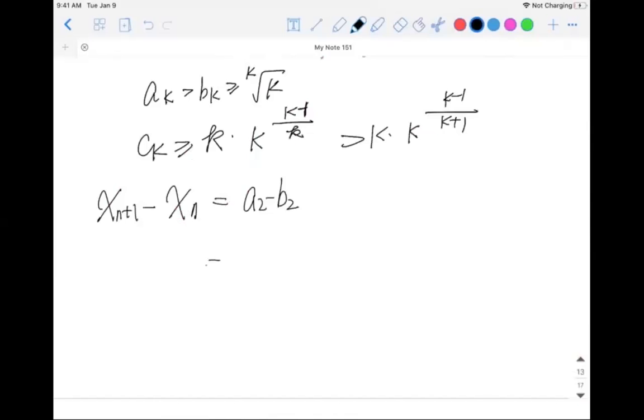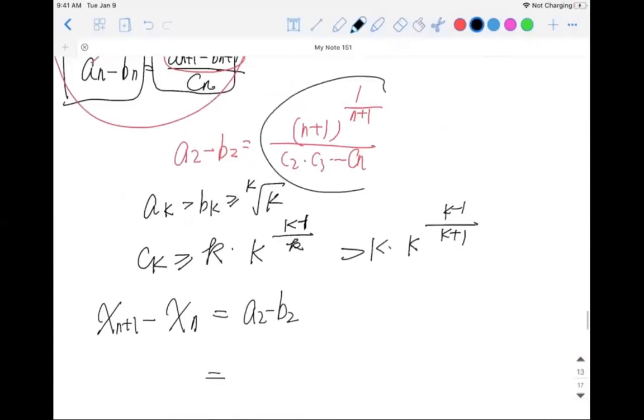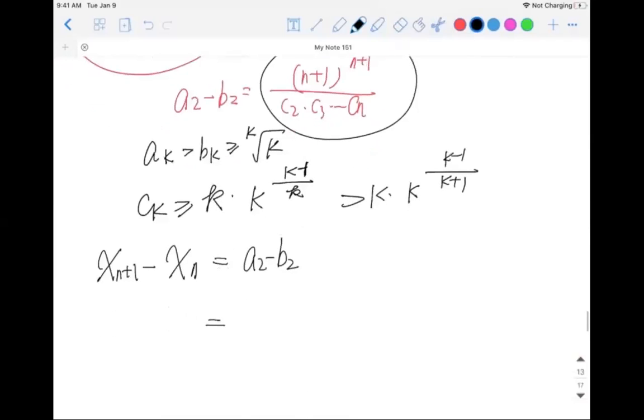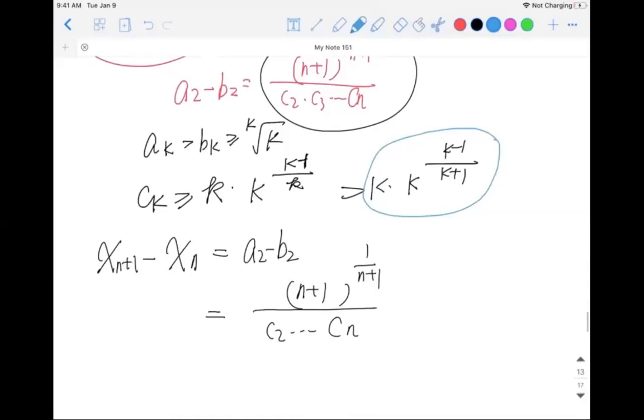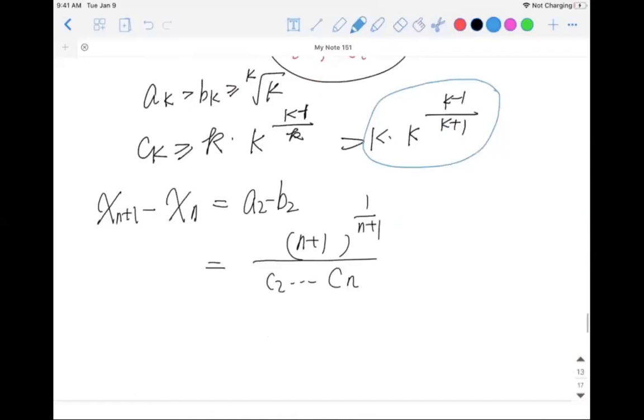Yes, equal to A_2 minus B_2. And what is A_2 minus B_2? We just calculate it out. This guy will be equal to (n plus 1) to the power of 1 over (n plus 1), times C_2 all the way to C_n. Because for C_k, you have such a relationship. So I plug in this value from C_2 all the way to C_n. So this expression will be less than 1 over n factorial, times (n plus 1) to the power of 1 over (n plus 1), times n to the power of n minus 1, times (n plus 1), right?